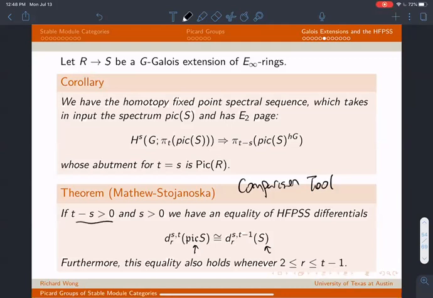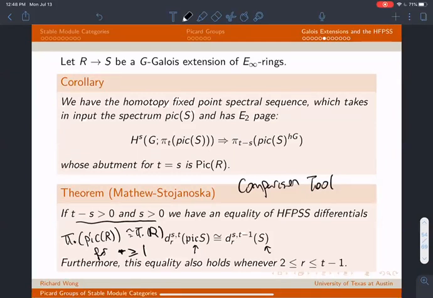So this t minus s bigger than 0 and s bigger than 0 is coming from the identification between the homotopy groups of the Picard spectrum and the homotopy groups of R for star bigger than or equal to 1. And this is coming from the construction of the Picard spectrum.